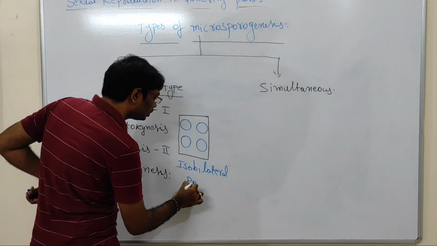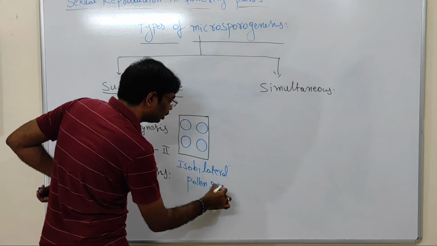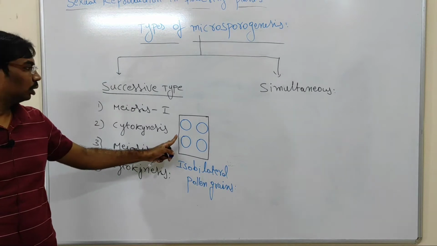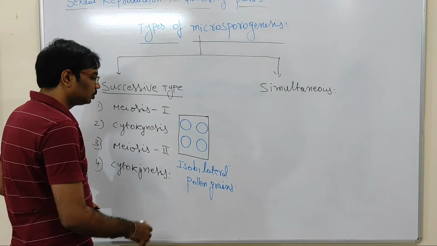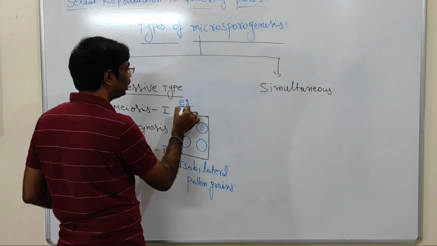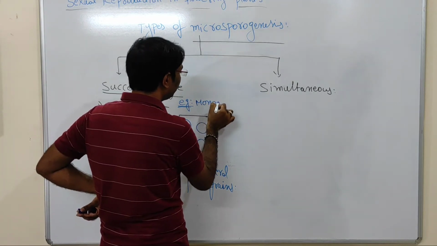What is the example of isobilateral? Monocots are the example.